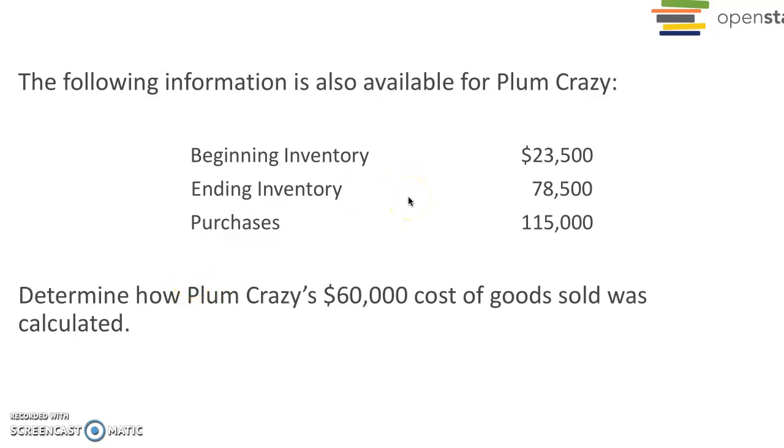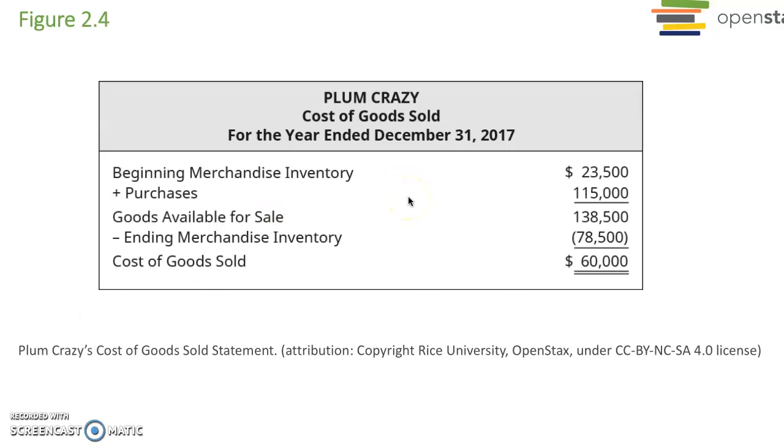What we do is we put it into this formula: beginning merchandise inventory plus purchases minus ending inventory is cost of goods sold. Beginning inventory plus purchases is called cost of goods available for sale. Basically, what the company has available during this period of time to sell minus what they haven't sold gives you a calculation of what has been sold, cost of goods sold.